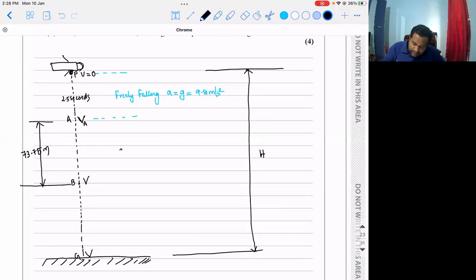Here it is decelerating, correct? Therefore, acceleration is minus 3.9 meter per second square, according to this question. Here he is moving with a constant speed. Therefore, acceleration is equal to 0.